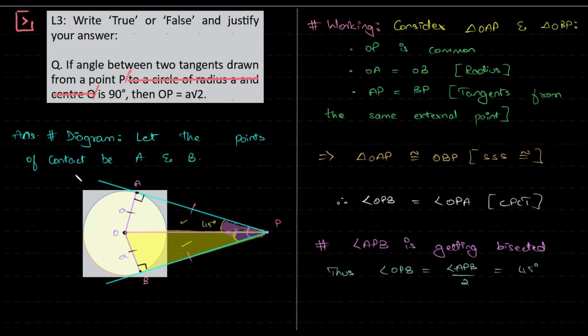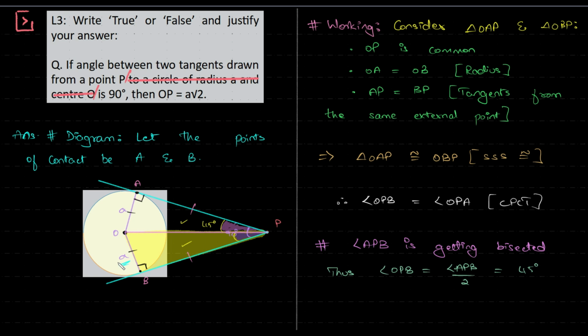Now we spoke about this till here. These things were discussed. Now what? How will we prove A root 2 and all of this? Think about it. In a triangle, we know that one of the angles is 45 degree and it's a right angle triangle, and we know one of the sides. So with all of this, what can we do?